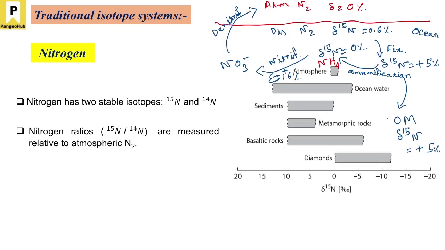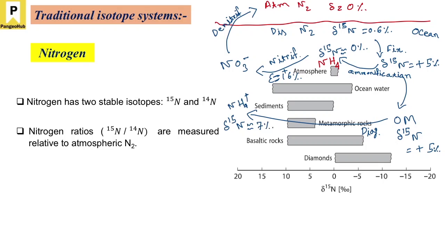Then it might also suffer diagenesis where it becomes NH4 plus, where this delta 15N value becomes somewhat closer to 7 per mil.